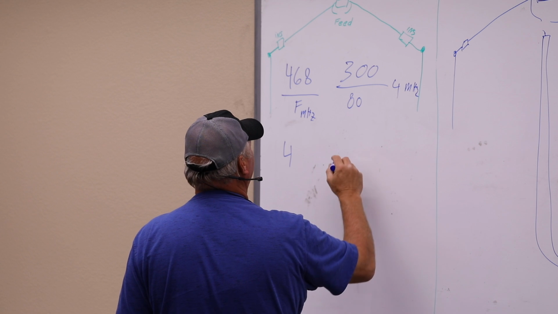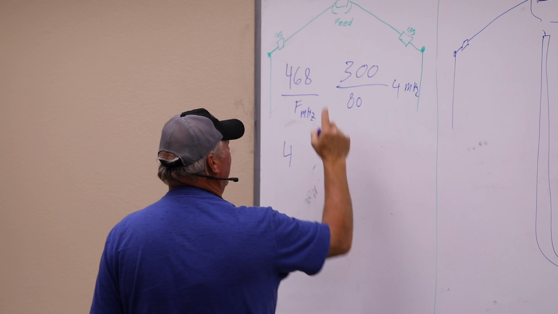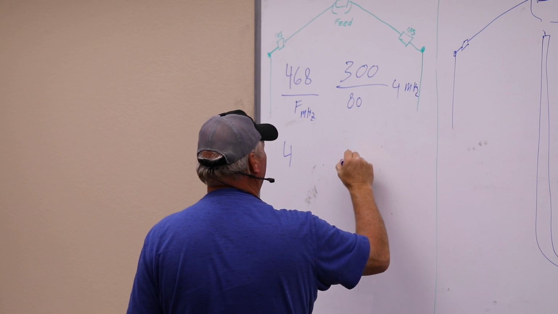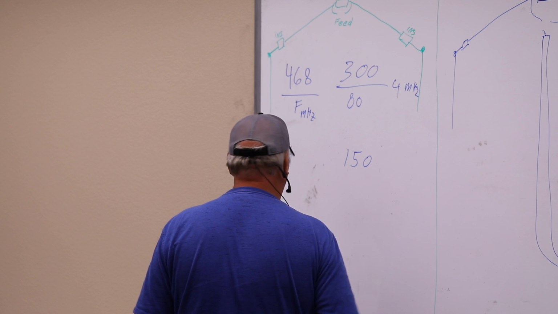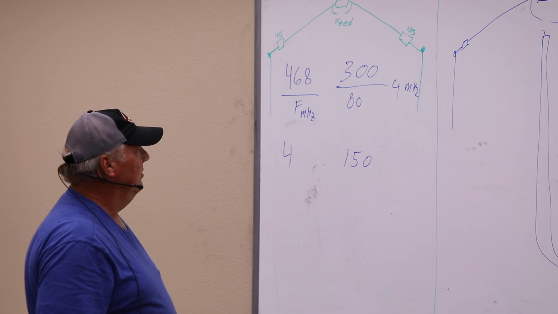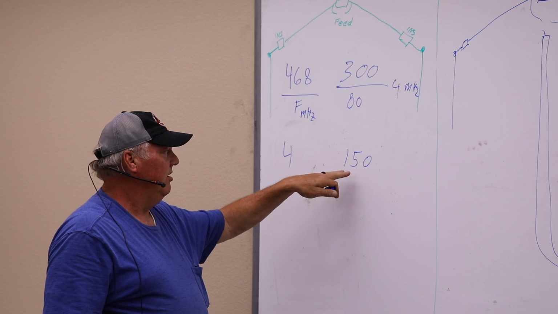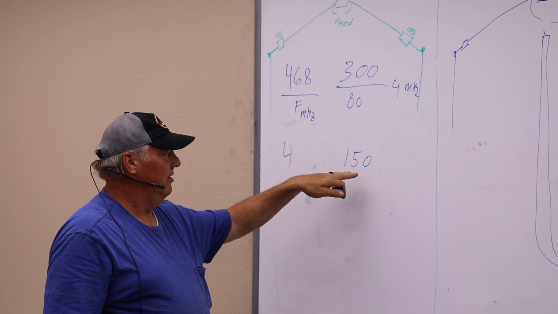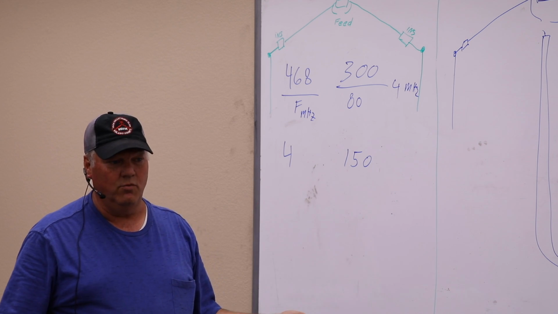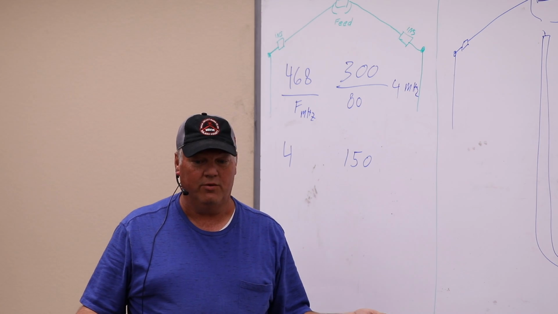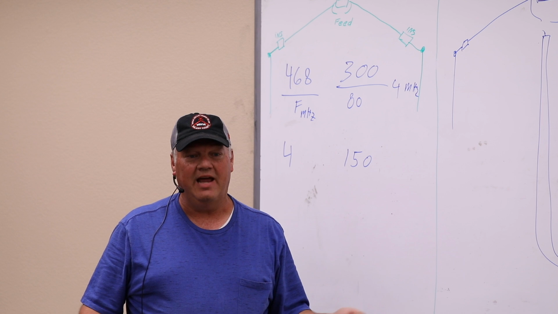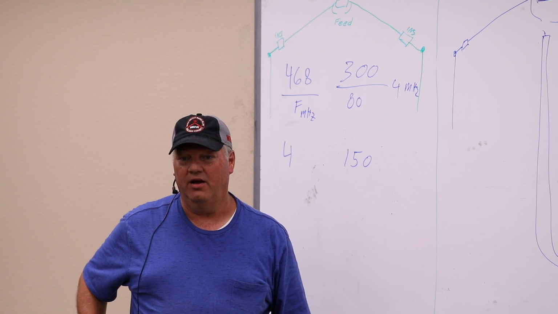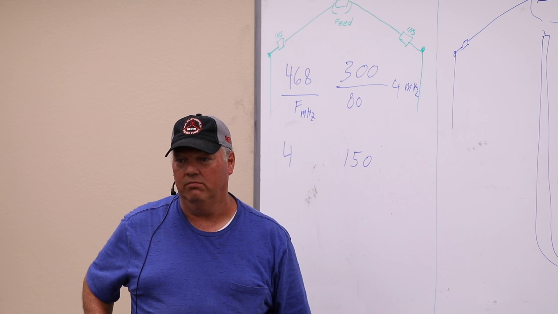Well, that's a full wavelength. So if we cut this 300 in half, we have 150, right? So this 150 number, we have to convert meters to feet, and the number is actually 3.2804.